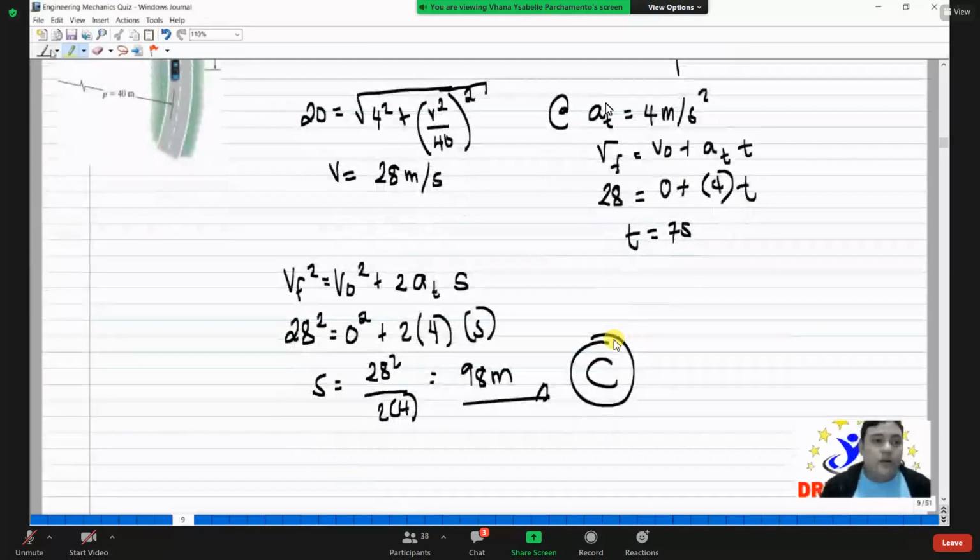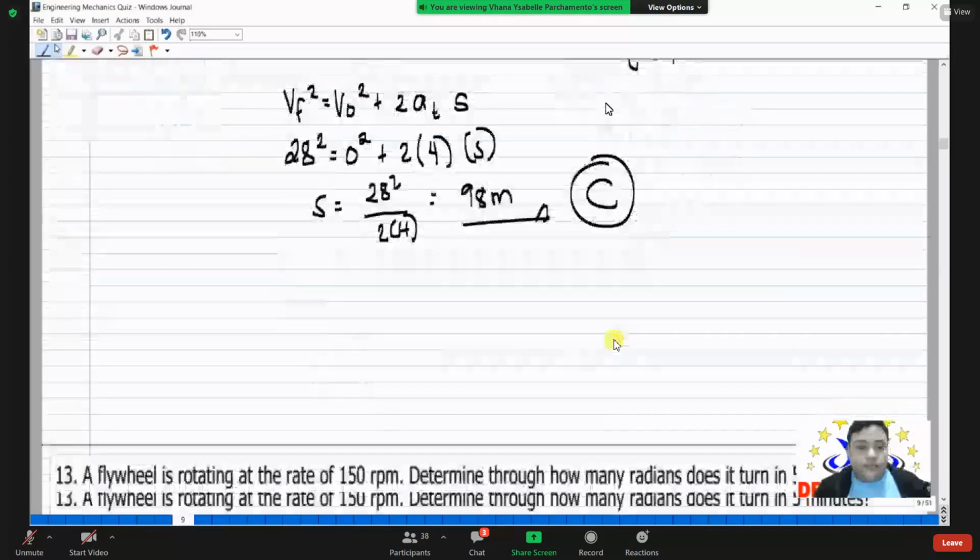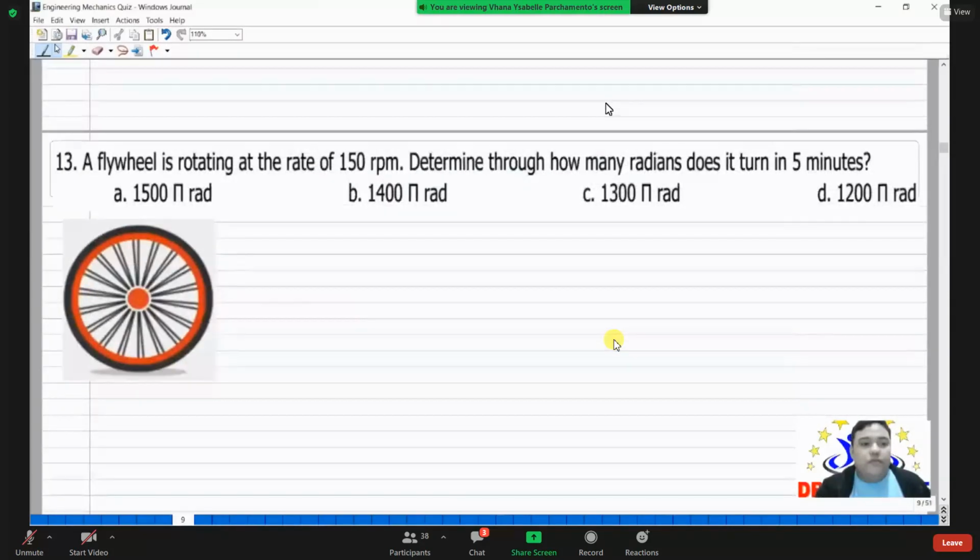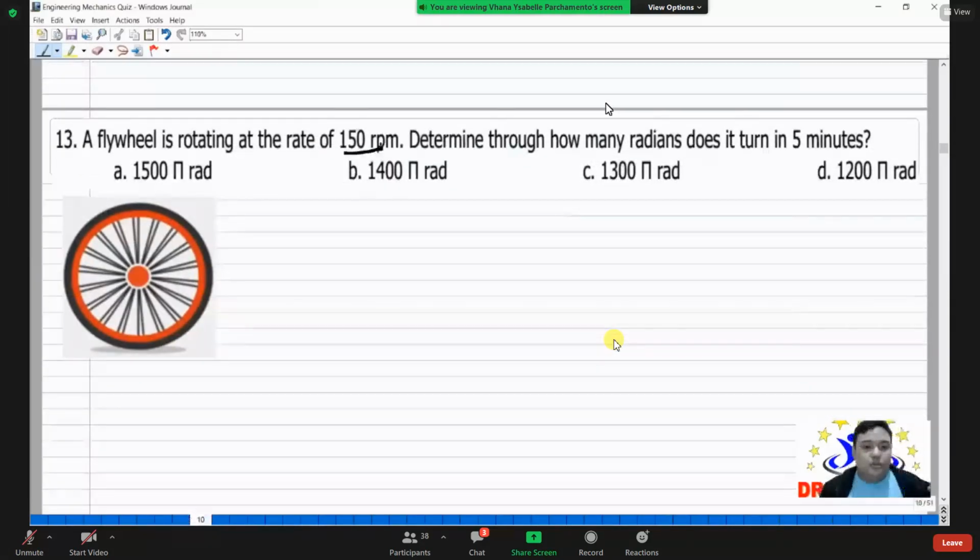Okay. Let's have number 13. A flywheel is rotating at the rate of 150 revolutions per minute. Determine through how many radians does it turn in 5 minutes. So therefore, omega is equal to 150 revolutions per minute. So this is a matter of conversion lang.